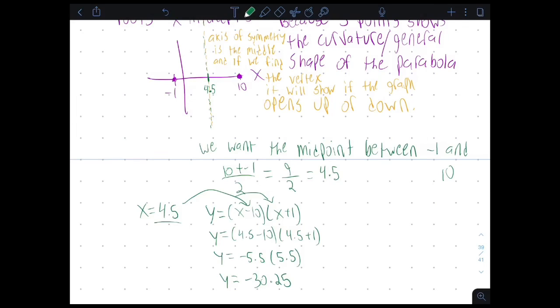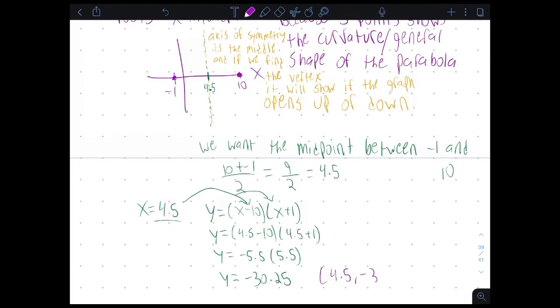30.25. So then my last coordinate that I'm going to graph is 4.5 for x. It was the middle between the two roots, the two x-intercepts, and the y is going to be negative 30.25.